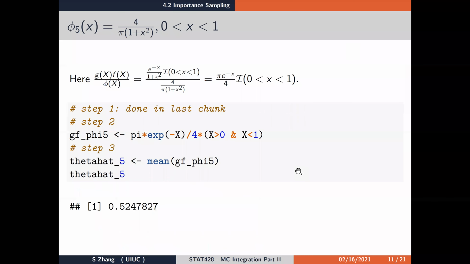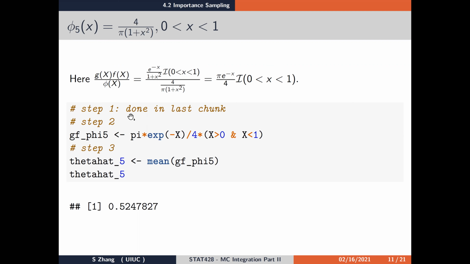Okay. Now let's use our phi5, which is the truncated t, to obtain our estimate for theta. Here, gx fx divided by phi x will be equal to the ratio, which simplifies to pi times e to the negative x divided by 4 times the indicator function.